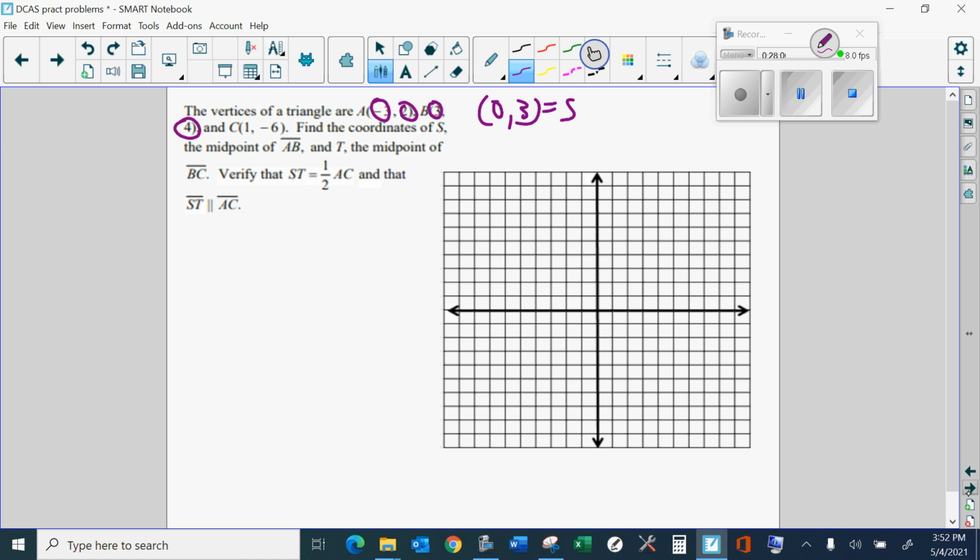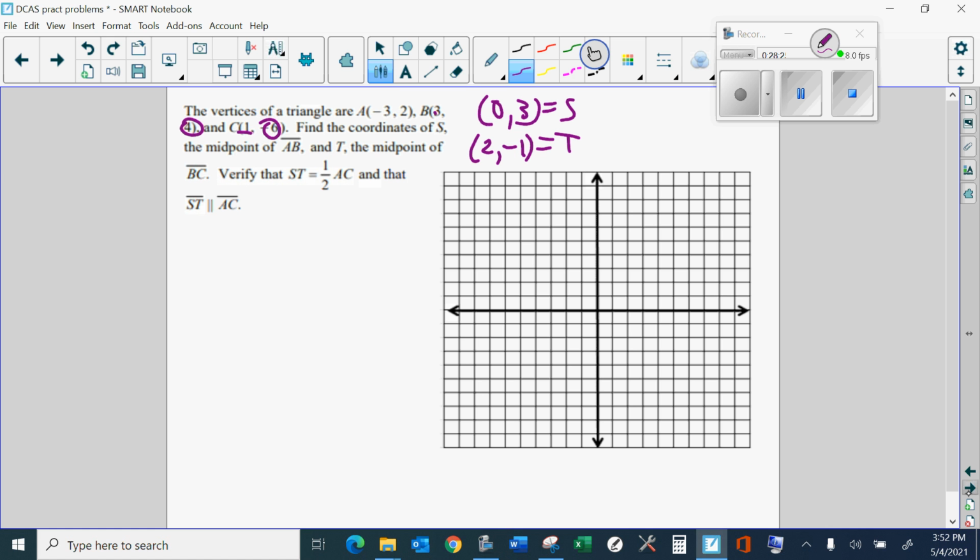So there's S. T, the midpoint of BC. So now we do the midpoint between B and C. 3 plus 1 is 4, divided by 2 is 2. And -6 plus 4 is -2, divided by 2 is -1.